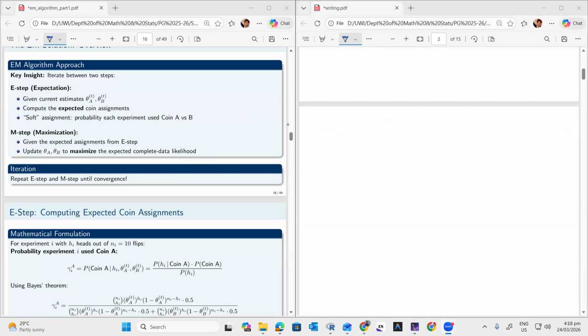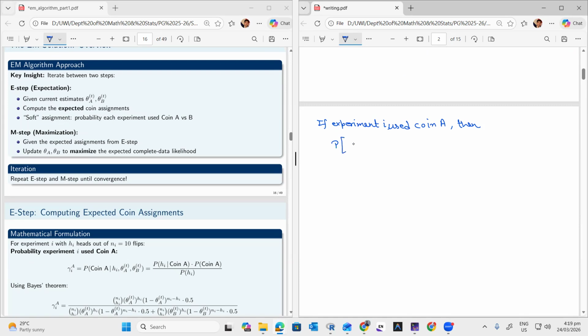Right. So now consider that experiment i used coin A, that we are supposing right now. Then what will be the PMF?